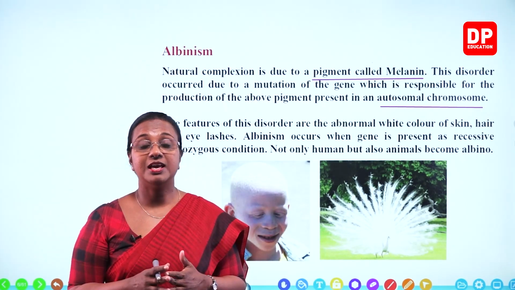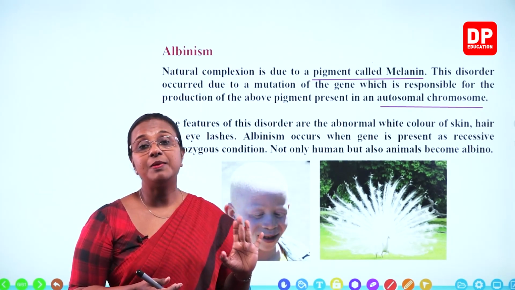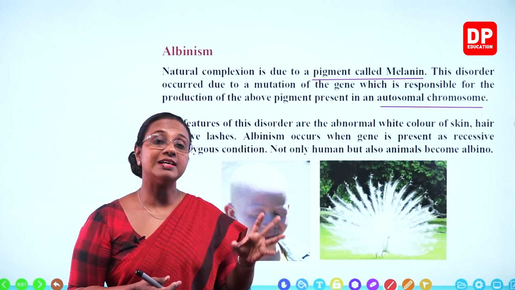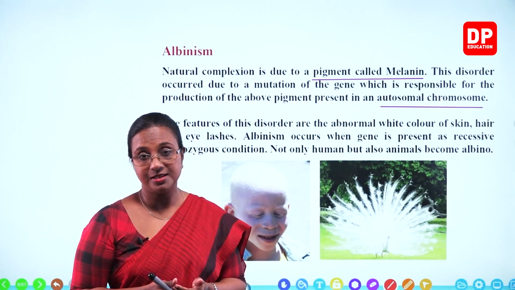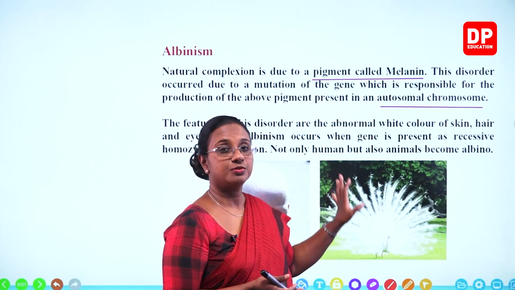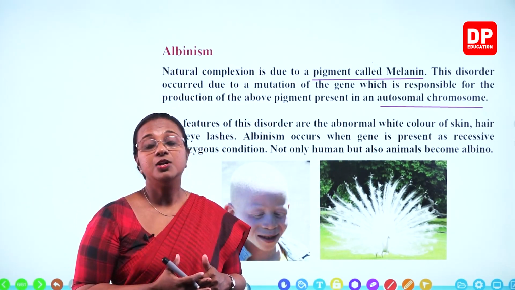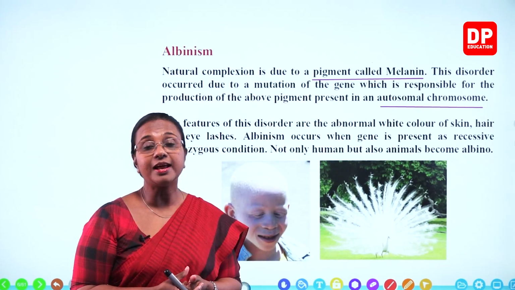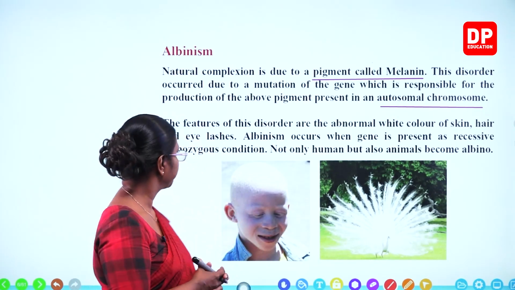But we have already seen that the 23rd pair of chromosomes also has other genes responsible for other characteristics. But autosomal chromosomes contain genes that are responsible for the normal, general physical characteristics.